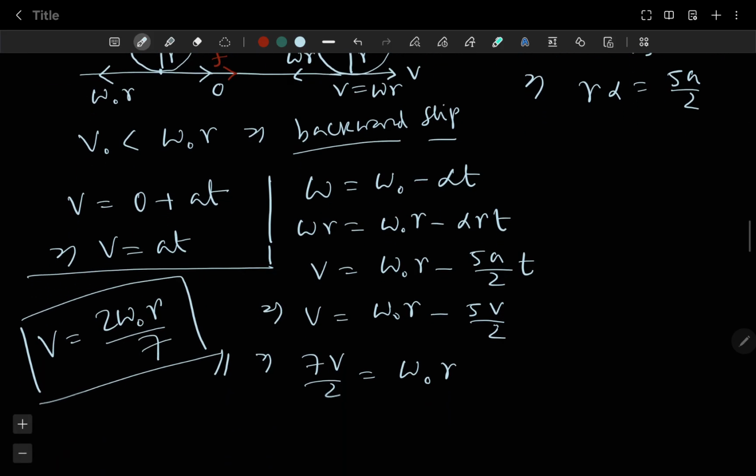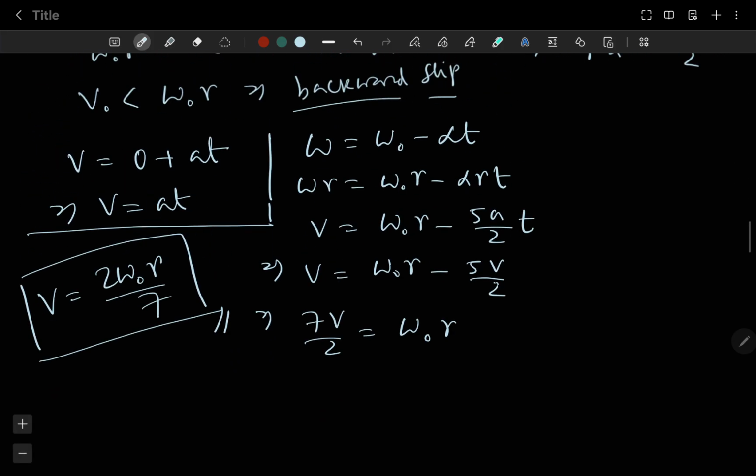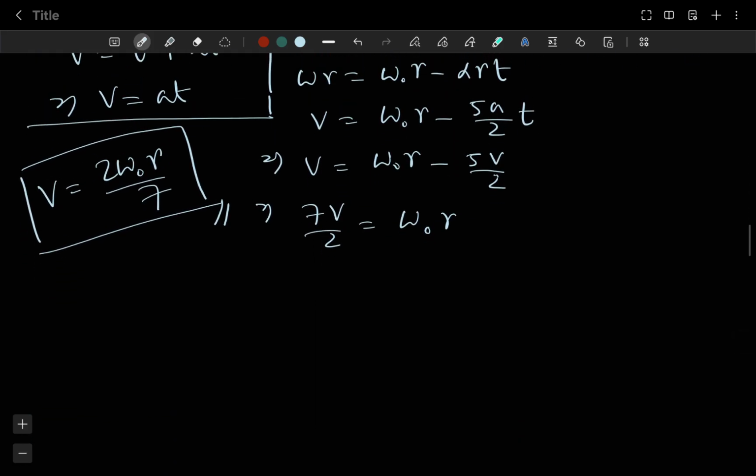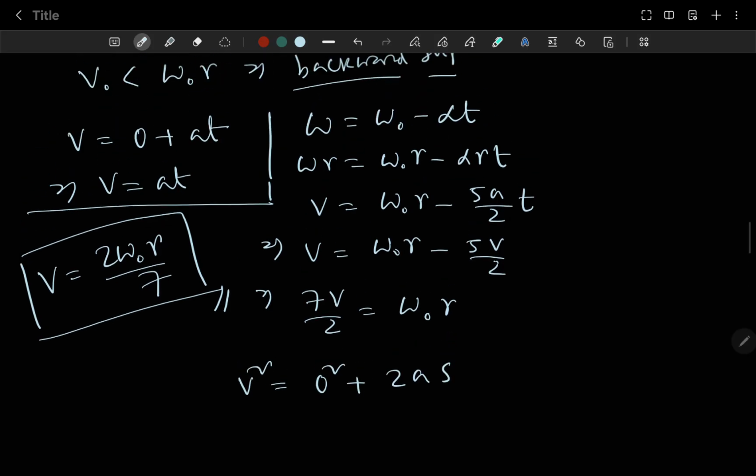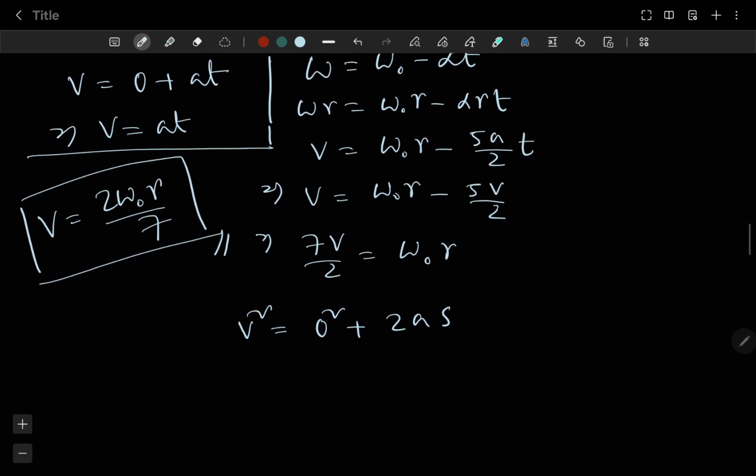Okay. Now the distance it covers before it starts pure rolling. How to find the distance? It's easy. It's v square equals 0 square plus 2as. So we can write s equals v square by 2a. So v I have already got, so it will be 1 by 2.